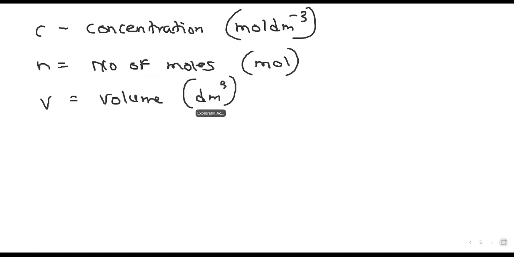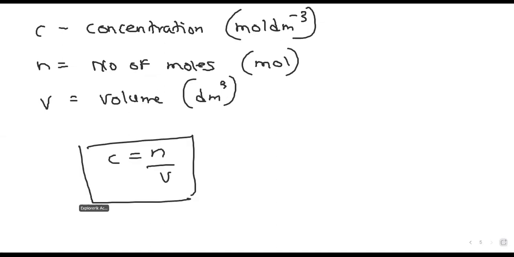So our final equation in the simplest version will be concentration equals number of moles over volume. Actually the standard form of this equation is n equals CV, but it is the same thing, here C is the subject. That's not a fact to worry about, but just make it like this. So in this equation, concentration is indicated in moles per decimeter cube, n is the number of moles, and V indicates the volume of the solvent.